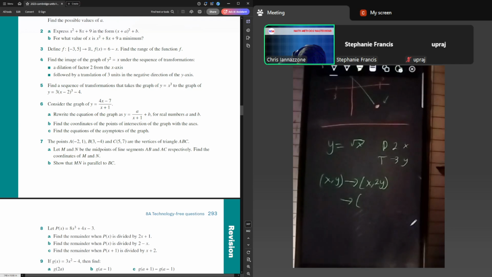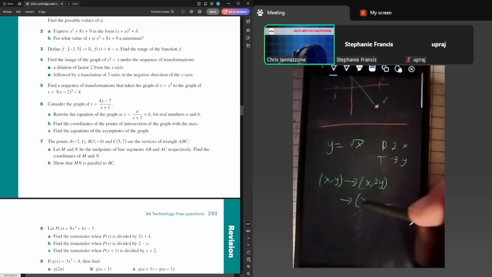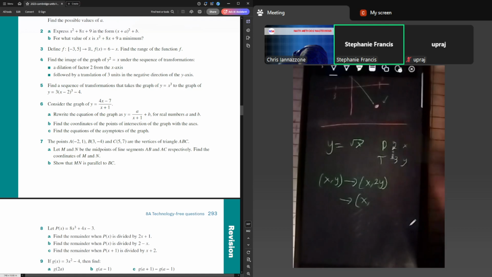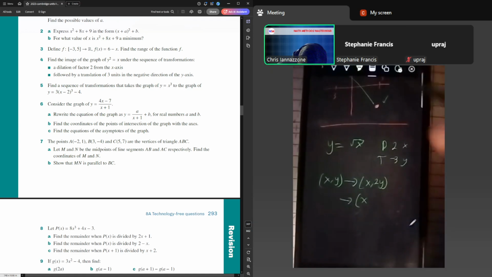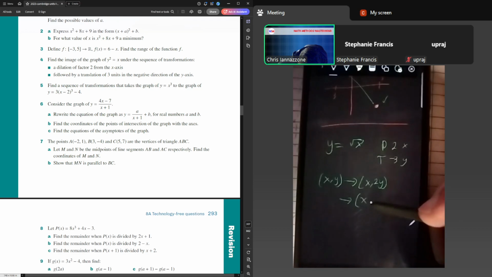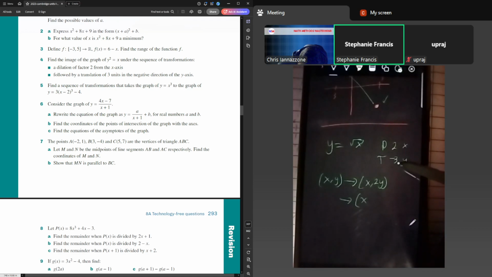And then translate -3 in the y direction. What's that? Just be x, take away 3. X -3? But if it's in a bracket, it would be positive because it's going in the other direction. So it'll be positive.